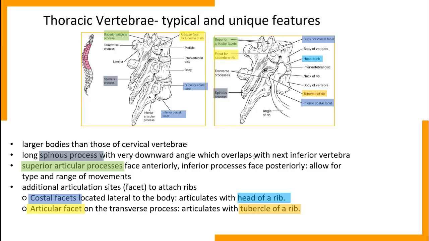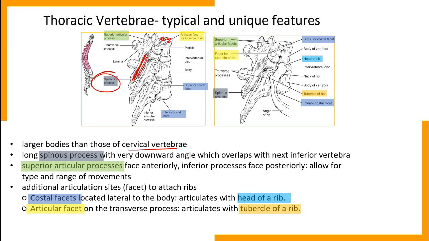As we move on down the vertebral column, we get to the thoracic vertebrae. So what you can see here is that the body of the thoracic vertebrae is larger than those of the cervical vertebrae. The spinous process over here is longer and projects downwards, right?